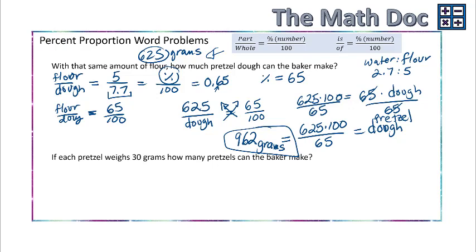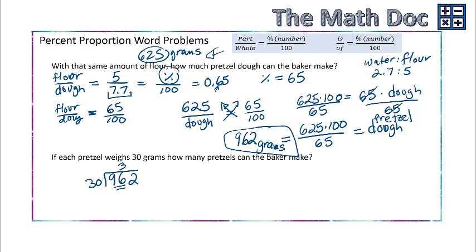Well, we have 962 grams of pretzel dough, and since each pretzel weighs 30 grams, let's just divide 962 by 30. How many times does 30 go into 9? Well, it doesn't, but then let's use 96. So 30 goes into 96 3 times.